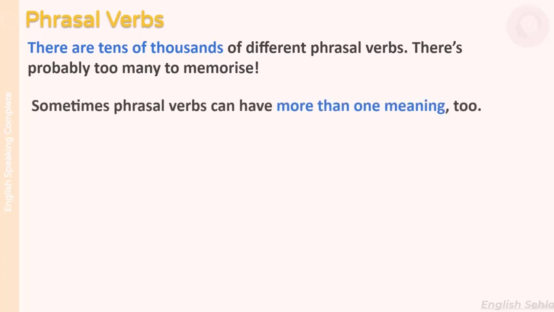So one thing to be careful of is sometimes phrasal verbs can have more than one meaning, and that just means that it is worth understanding when you learn a phrasal verb that it can also have another meaning. So you have to be really careful with their usage. So check out actually has a few meanings, and I've only given 3.